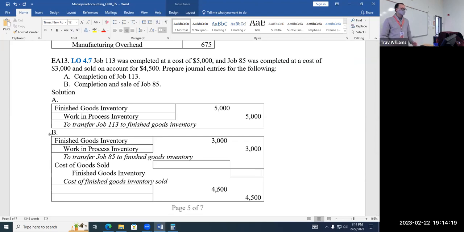What was the cost of job 85? 3,000. Okay. Yes. All right, that was the cost that was transferred from work in process inventory to finished goods inventory. So when it's sold, it would be the same cost getting transferred from finished goods inventory to cost of goods sold.